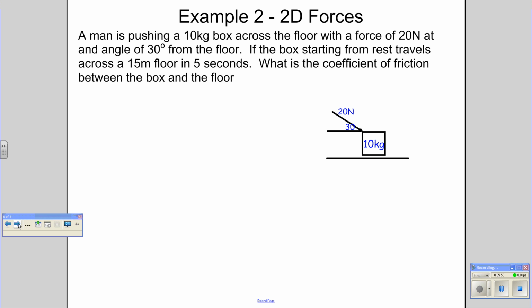We have 20 newtons of force, right, and that will have an x and y component. We always have gravity. Normal force. Right, we are applying a force this way, so then our friction would equal that way. Okay? So that would be our force of friction.